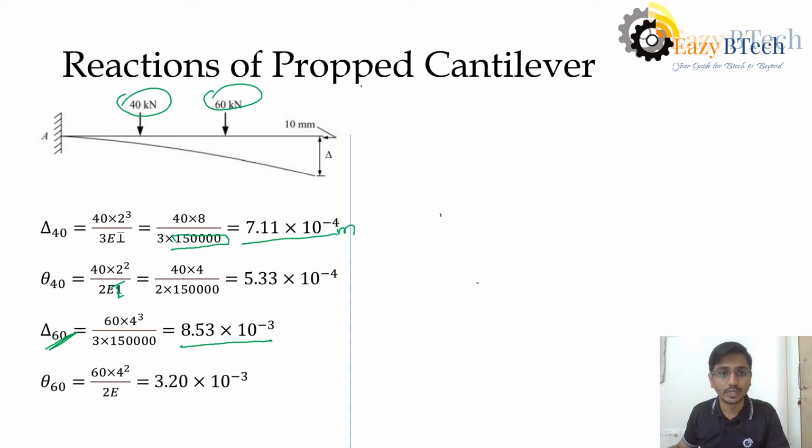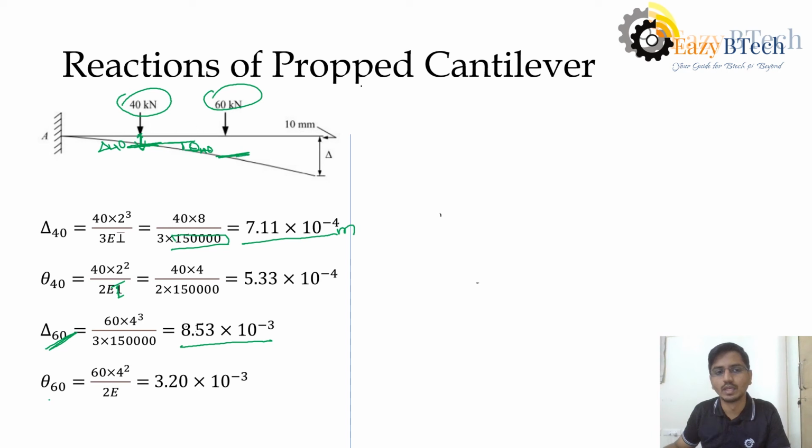Same the rotation here. So let me plot it. This deflection I will get. This deflection is nothing, delta 40. From here, whatever rotation it is taking, it is theta 40. Now it will go till here, it will cause rotation till here.